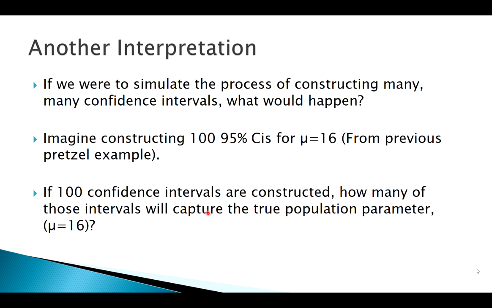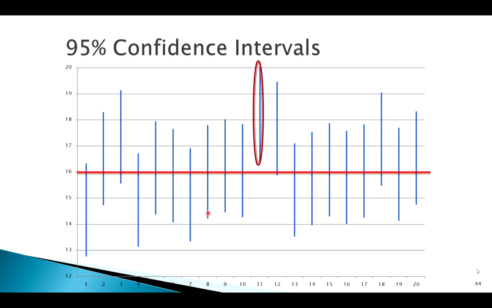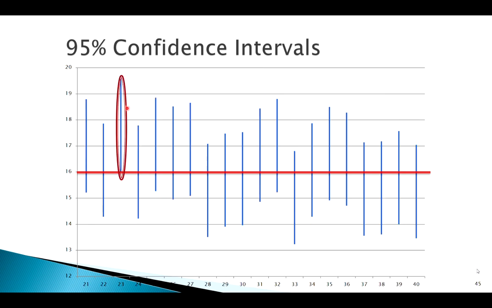Now keep in mind the job of a confidence interval is to either capture that parameter of interest or not. So I did it 100 times. Here's the first 20. So here's our mean, this red line in the middle. Out of our first 20, it looks like one did not do its job, the rest did. Our next 20, here's one that didn't do its job, the rest did.